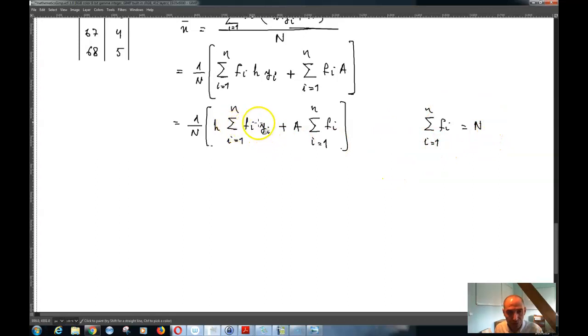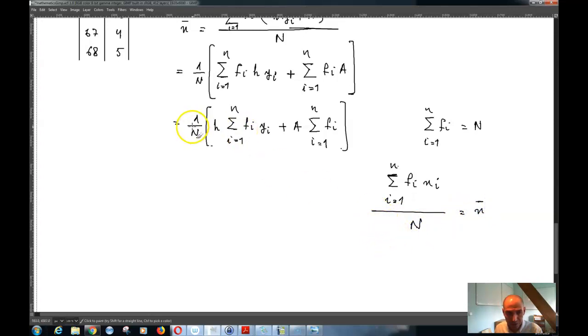And you know that sigma f of i y of i as i goes from 1 to n is the same thing as sigma f of i x of i as i goes from 1 to n. If you divide that by n, that is x bar.